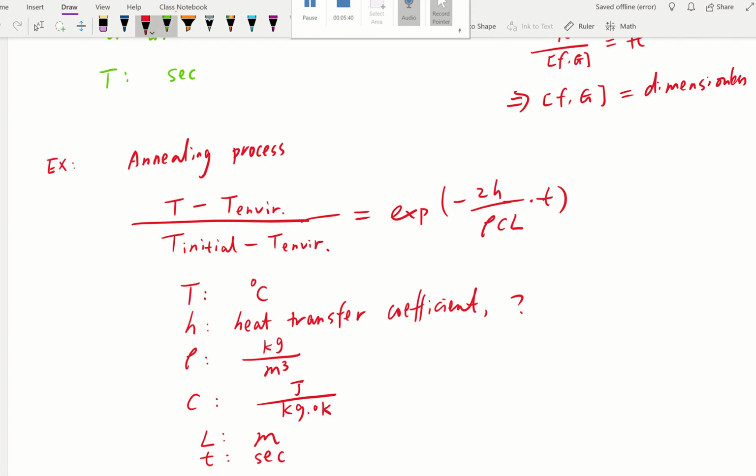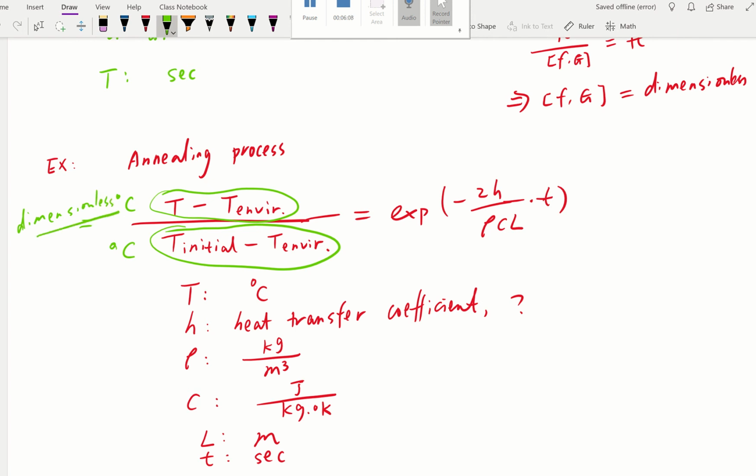So now let's look at how we approach this problem. When you have T minus another temperature, then it's the same dimension. They're going to have the unit of degrees Celsius. Same thing for the bottom. That's going to have a unit of degrees Celsius. Then temperature over temperature, what do you think we're going to have as the unit here? It's going to be no dimension, right? It's called dimensionless.